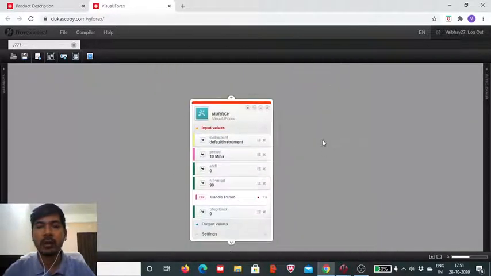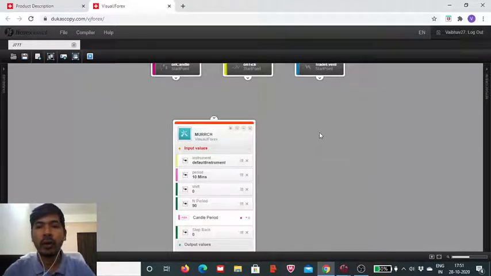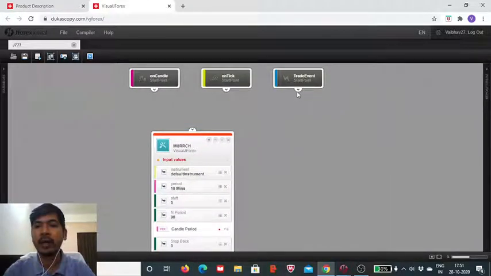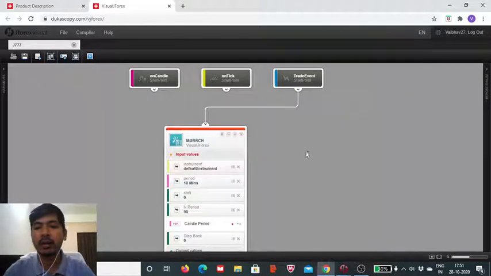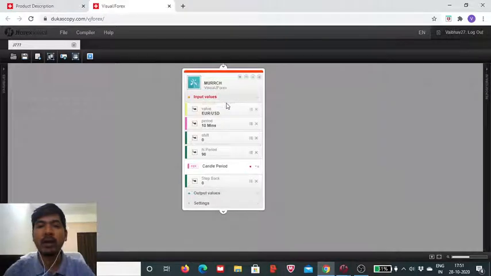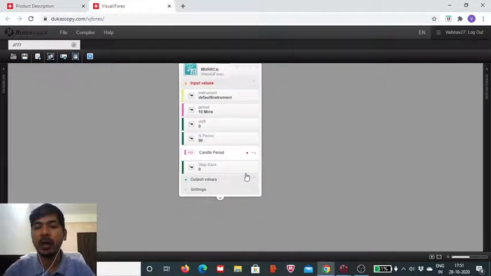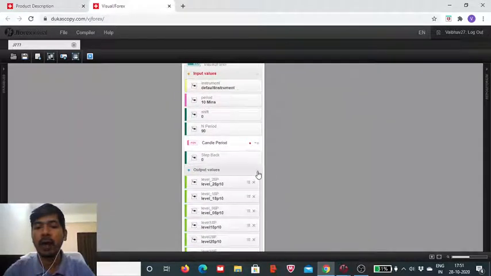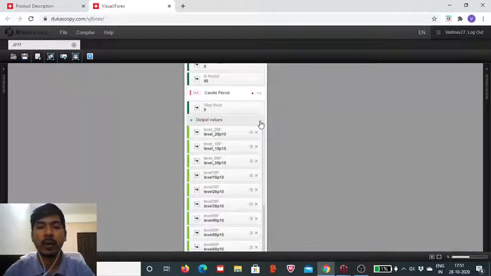So here it is. For today's session we will use the trade event as our start point to initialize the setup. Now coming to the indicator block, we have to define the 6 input parameters, and depending on the input parameters we will have the 13 output parameters.